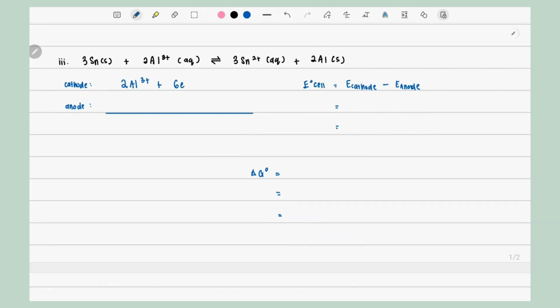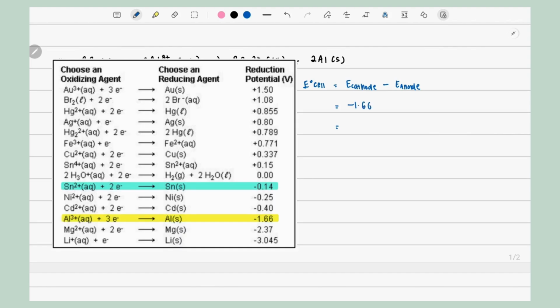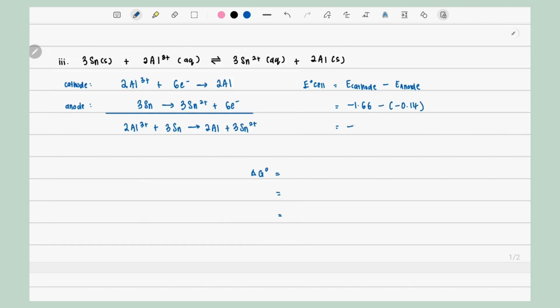For the third question, we will determine the half equation to determine the cathode and anode, and then we calculate the E naught cell by referring to the reduction potential table, and we will get negative 1.52 volt. And then we calculate the standard free energy.